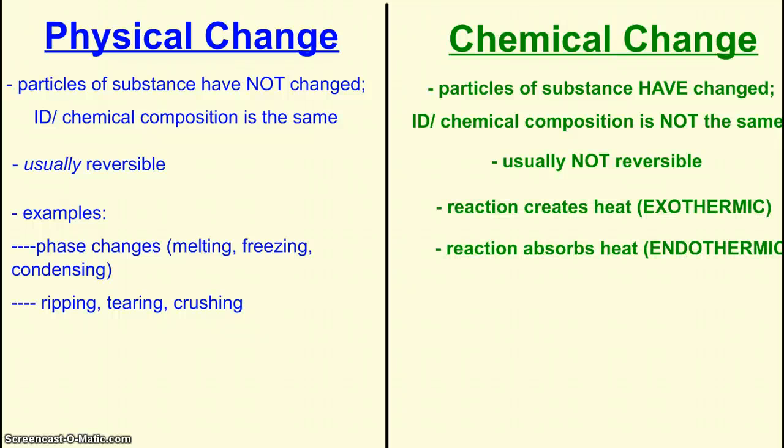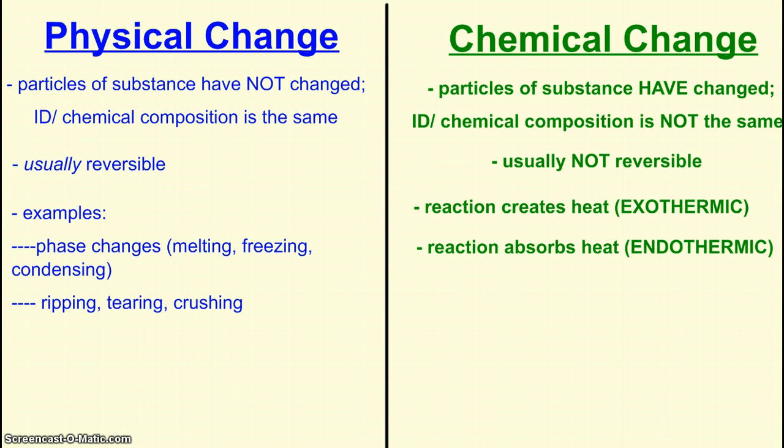Another sign to look for: sometimes chemical reactions will create heat. There's another video that shows an exothermic reaction, and I use that same word there. So if the reaction creates heat, it's exothermic, and sometimes reactions will absorb heat, and those are called endothermic.